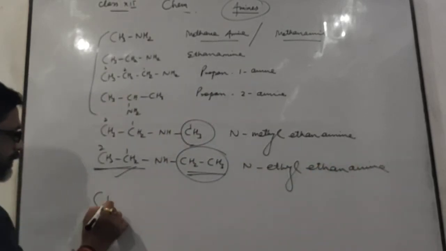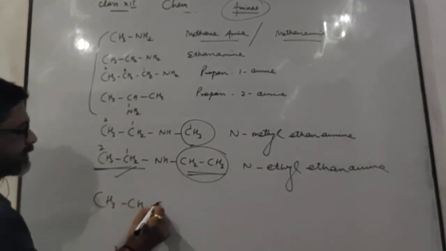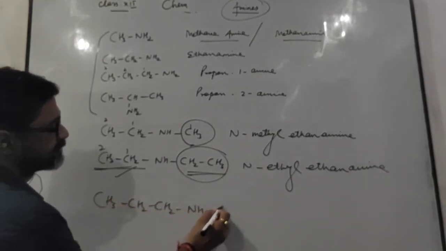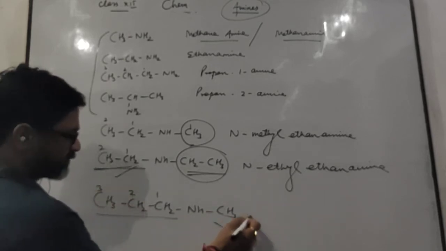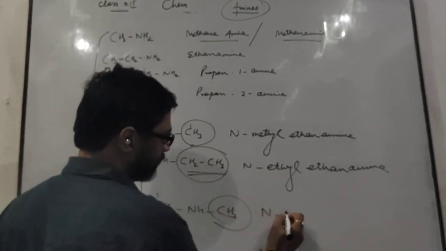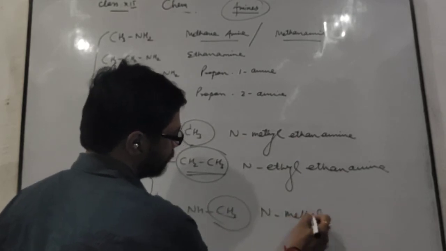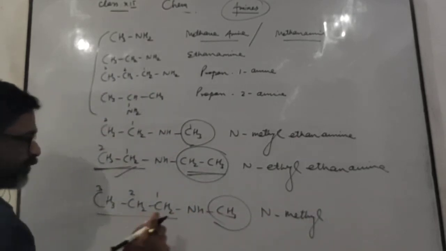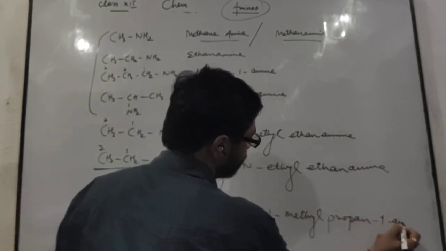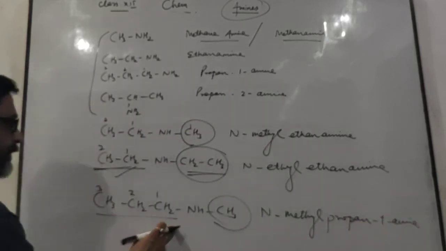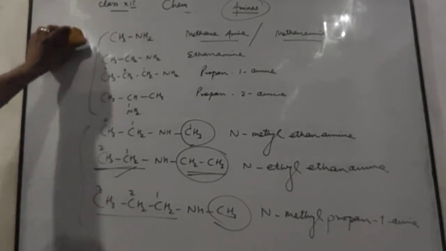Okay, take one more example like this. NHCH3, 1, 2, 3 carbon chain, and this one is methyl, hence you write N-methyl, and for 3 carbon atoms you write propane 1 amine. These are the naming of secondary amines.